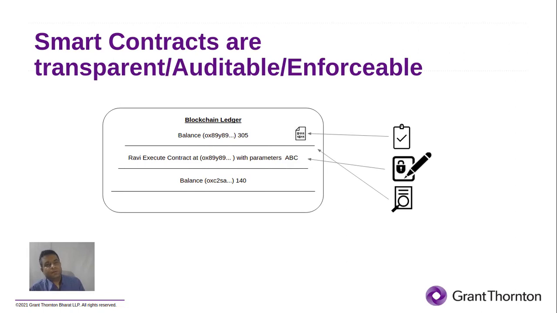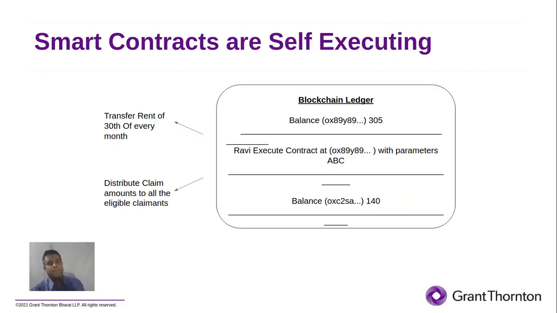Smart contracts are obviously transparent because they are on the blockchain. They can be audited because of their transparency and the transactions' transparency, and then they are enforceable because they can be executed. They are executable code that can be executed on the blockchain. Smart contracts are self-executing.